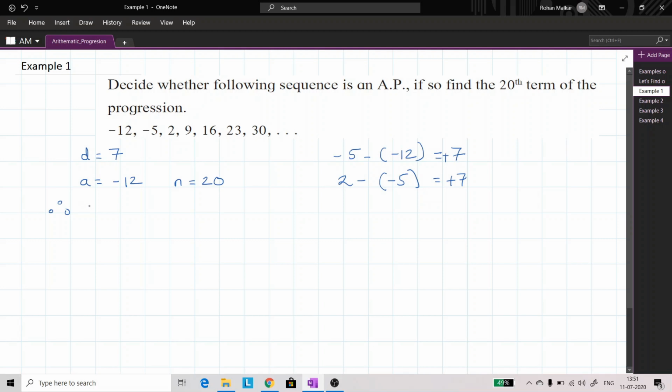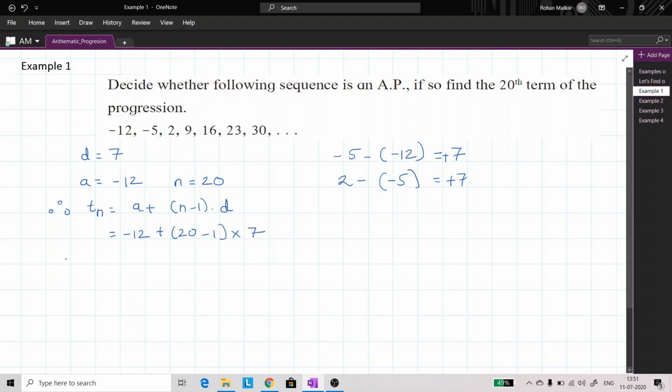It says the nth term that you want to evaluate is equal to A plus n minus 1 times D. We know the value of n, D, and A. A is the first term, which in this series is minus 12. n is 20, minus 1, and into D, that is 7.